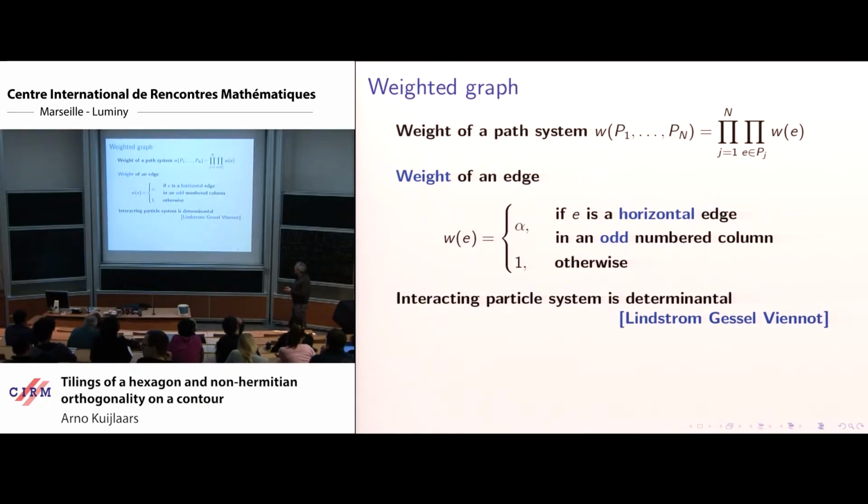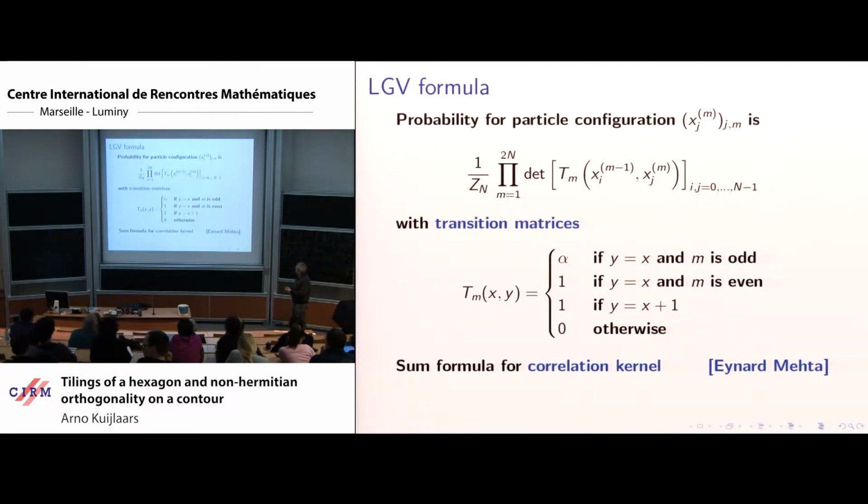This comes out of these Lindström-Gessel-Viennot considerations, that if you have these particles, or these are just the positions of the paths at a certain level m here, m is the level, j is the jth path, counting from bottom to top. This probability is equal to such a product of determinants.